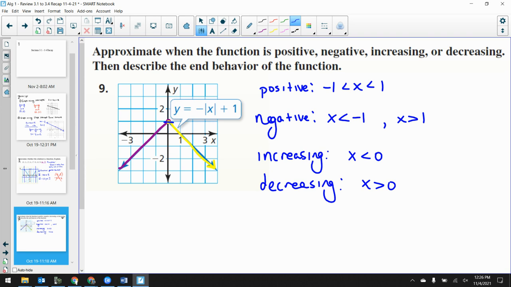Negative infinity. So it's going down on both of those. So you can fill in your blanks there, negative infinity for both of them, because on the left side and the right side, this function is going down. Okay. Questions about that?